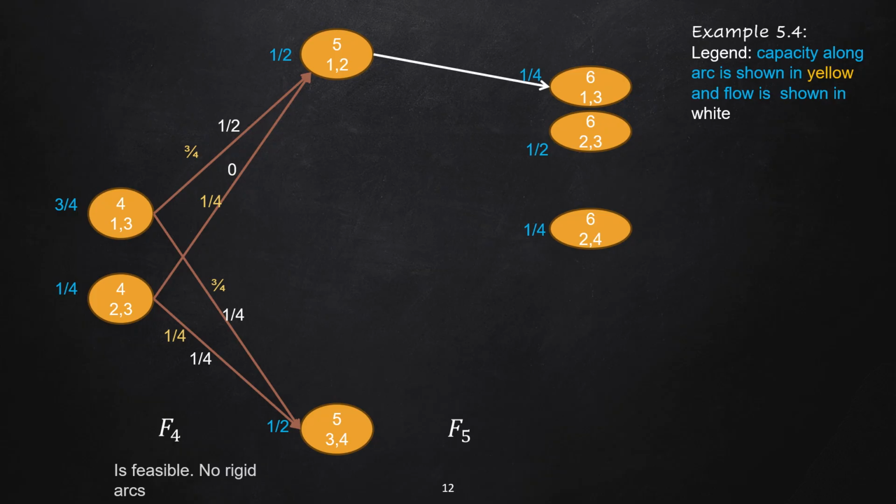And here the restricted network consists of 4, 2, 3 and 512 with capacity 1/4. So of course we can have a flow of 1/4 unit. So that goes to 512, and that becomes the capacity for this arc.